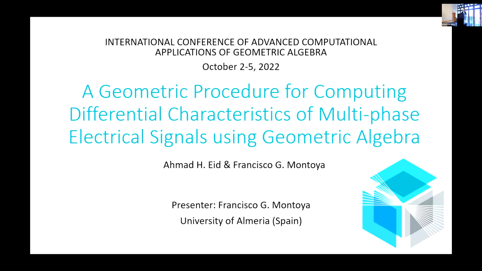I consider it an exceptional tool for electrical engineers, and moreover, it can explain previously unsolved phenomena, as I showed you some minutes ago. For example, the concept of geometric apparent power, the reactive power and the distortion power, which is a new concept based on the geometric algebra approach.